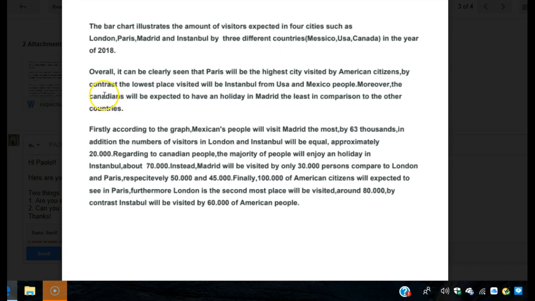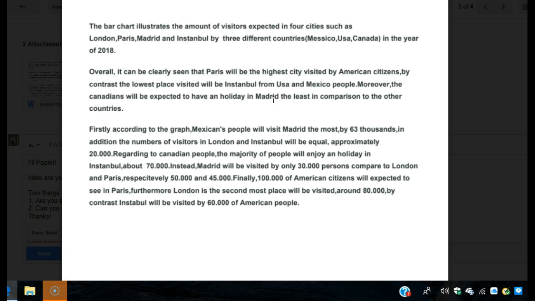Moreover, Canadians will be expected to have a holiday in Madrid, the least in comparison to the other countries. So I think what you're saying is that Madrid is the least visited city, with Canadians visiting it the least. I think this is what you're trying to say, but as you can probably guess, the way you've expressed it makes the meaning a little difficult.